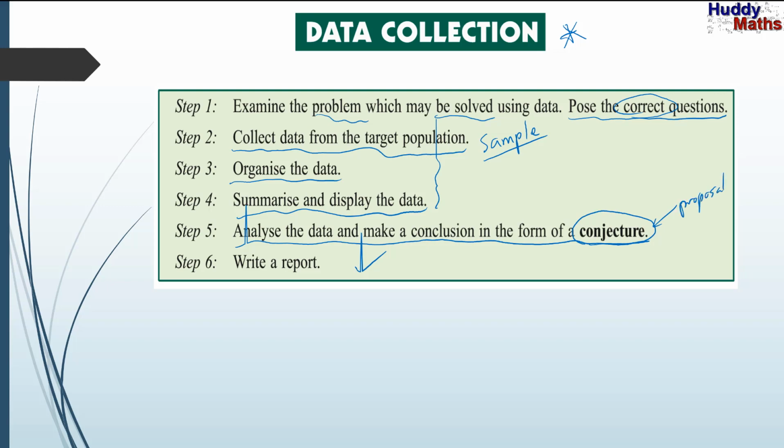Or this is a hypothesis. That's what we think. We don't know for sure because we haven't done the whole population. So we're talking about sampling here, not taking the whole population, but taking a sample from that target population, and so we can only make a conjecture.